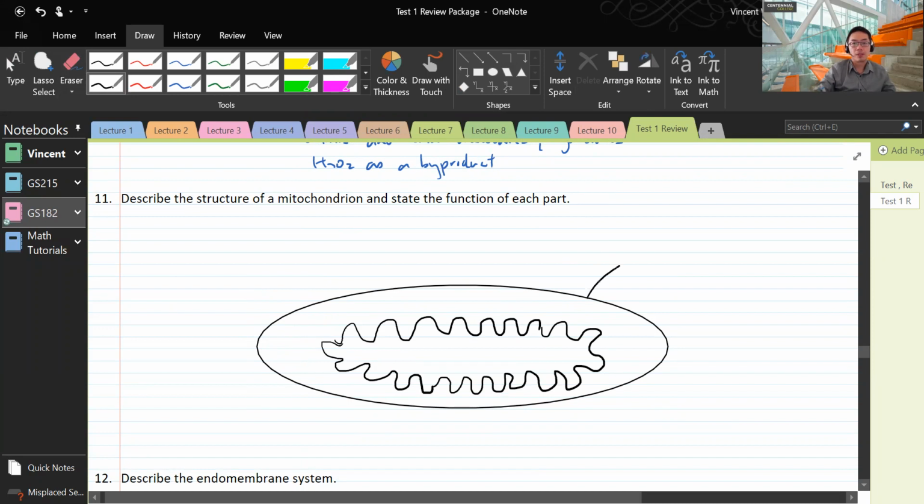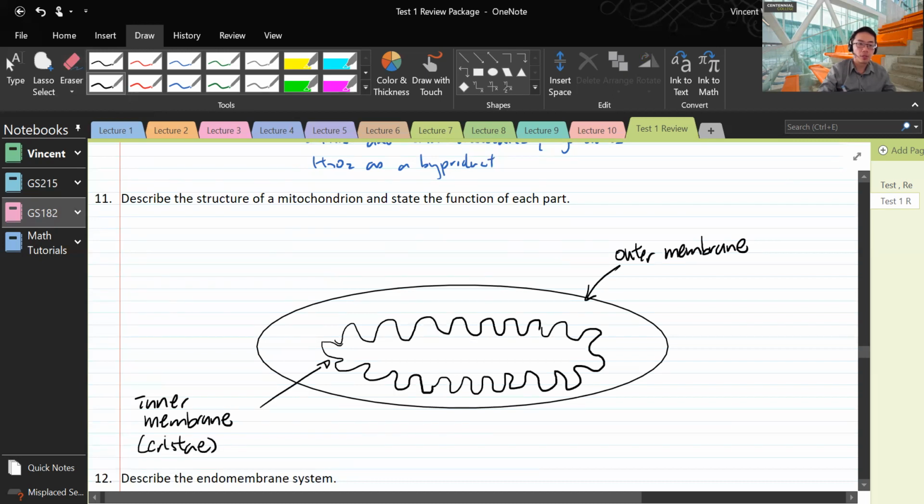So that's the outer membrane. It is the inner membrane. It forms the cristae. That's what it's called.